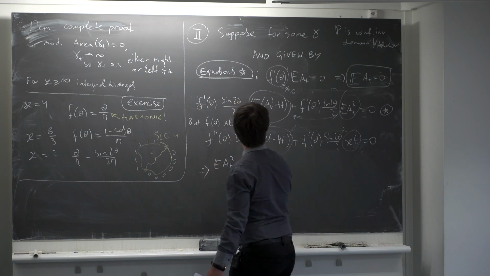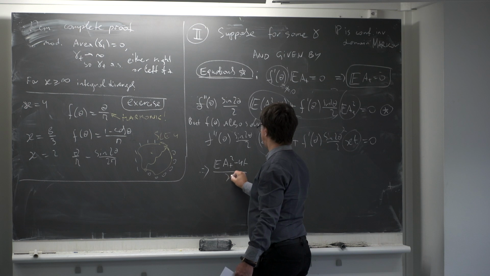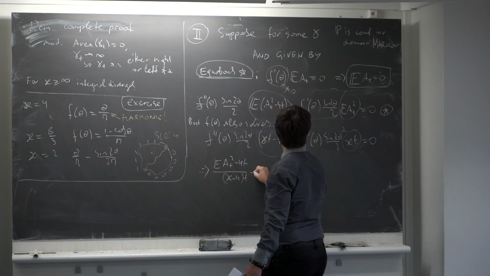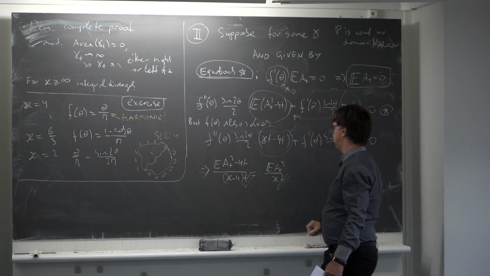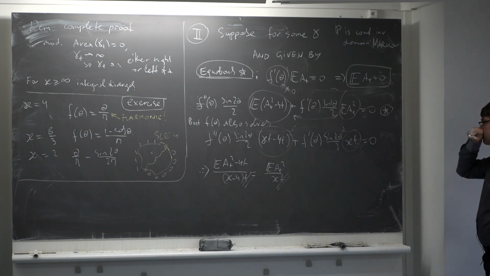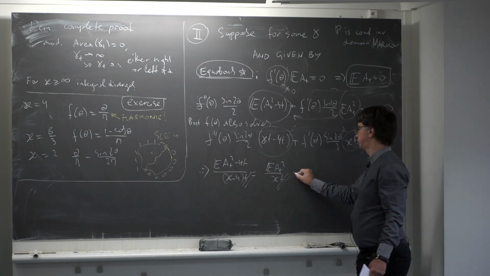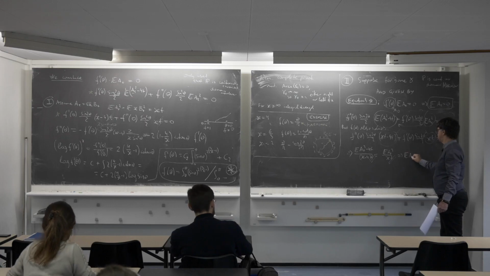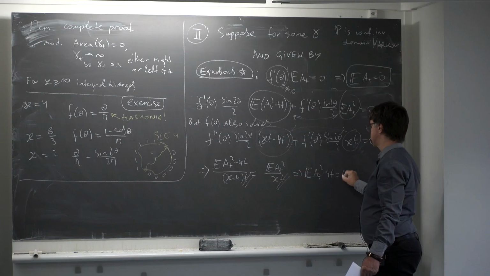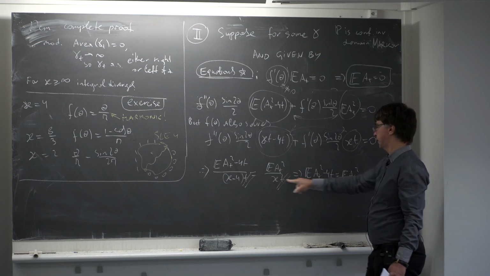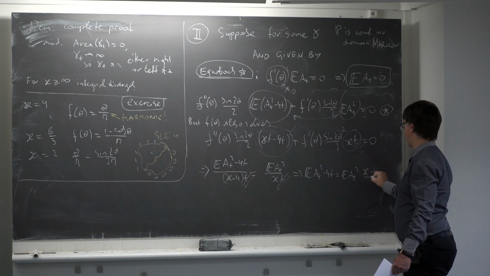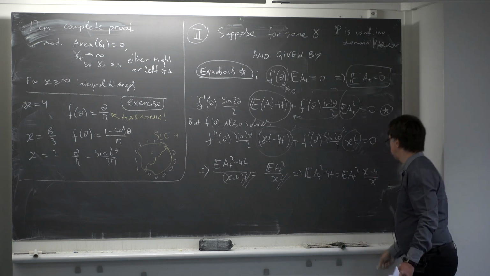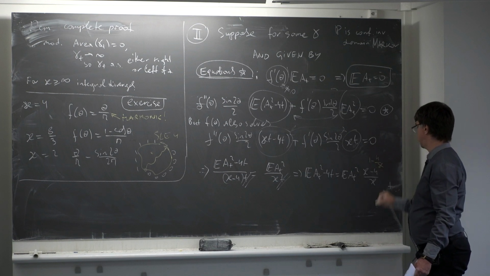Expectation of a_t squared minus 4t over kappa minus 4 times t is equal to expectation of a_t squared over kappa t. Well, t we again take out. So we conclude that expectation of a_t squared minus 4t is equal to expectation of a_t squared, and that we move here kappa minus 4 over kappa, which actually happens to be 1 minus 4 over kappa.